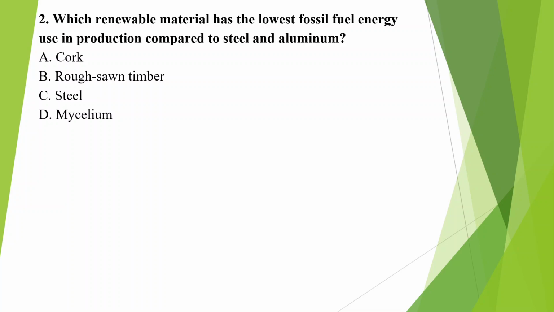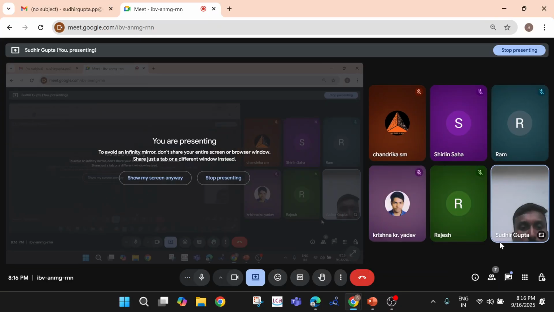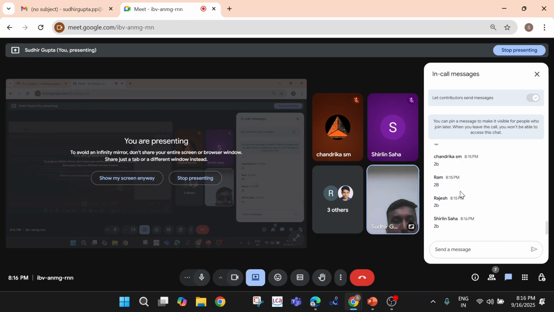It is talking about fossil fuel energy use. A different graph was shown to you where different materials' energy use was mentioned in a bar chart. From there you can recall and answer. As I can see, most of you have answered option B. Okay, Chandrika is saying D.